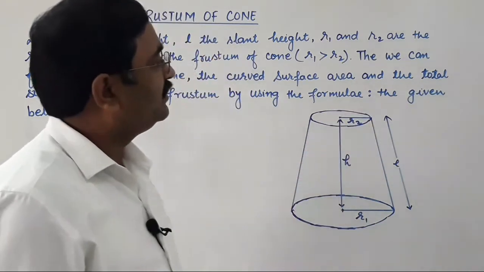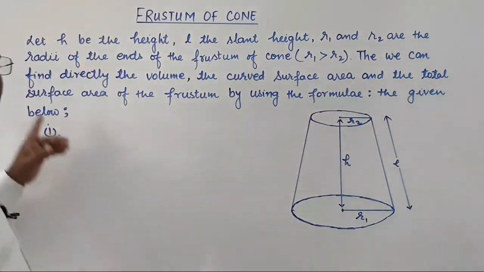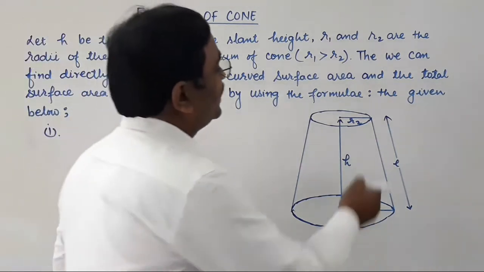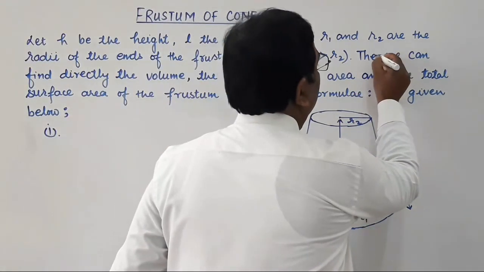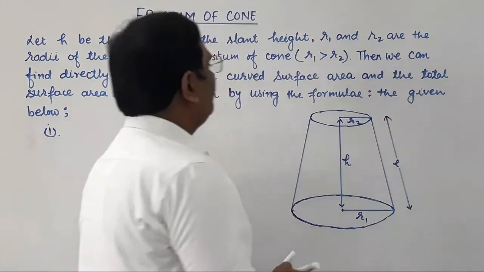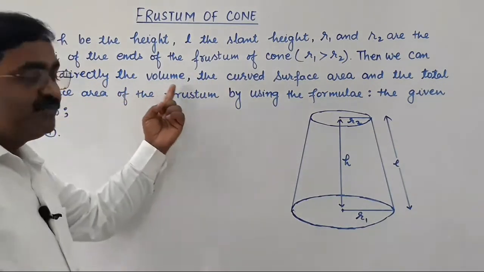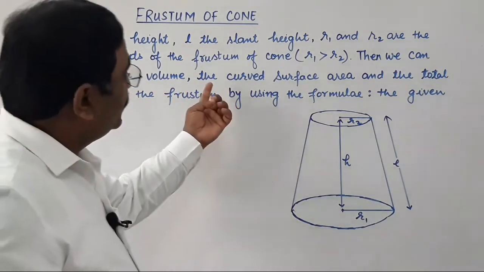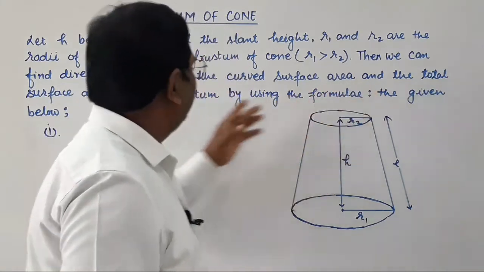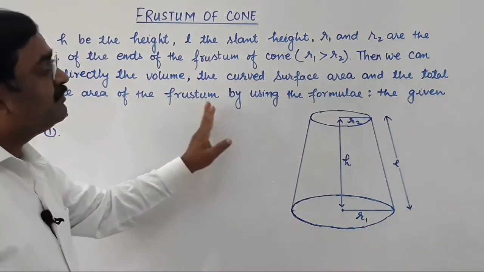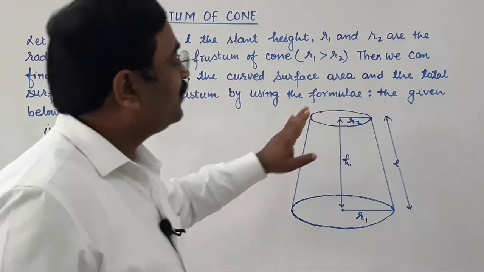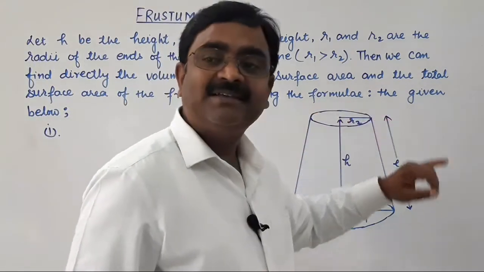Then we can find directly the volume of this frustum, the curved surface area of this frustum and the total surface area of the frustum by using the formulas as given.